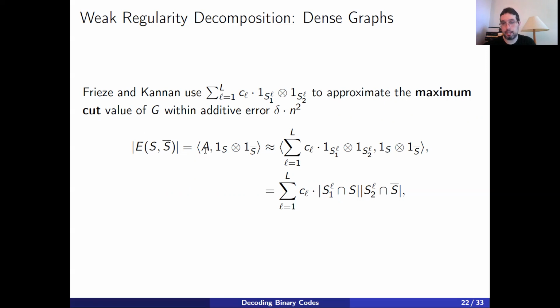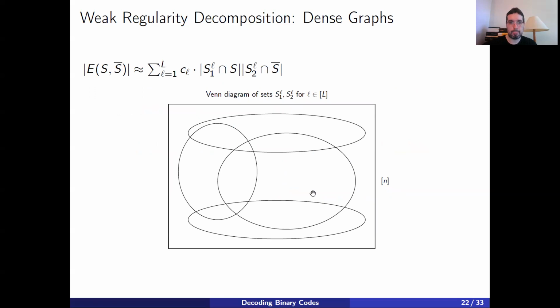We already said that A and its approximator behave similarly with respect to inner products with cut matrices. Very good, so you can replace and incur some small error. And we use linearity. And we have the inner product of these two cut functions. And it happens to be the size of the intersection. So it's the size of the intersection of S1 and S, and S2 and S complement. And then you sum all of them. And that's extremely convenient, and you're going to see why.